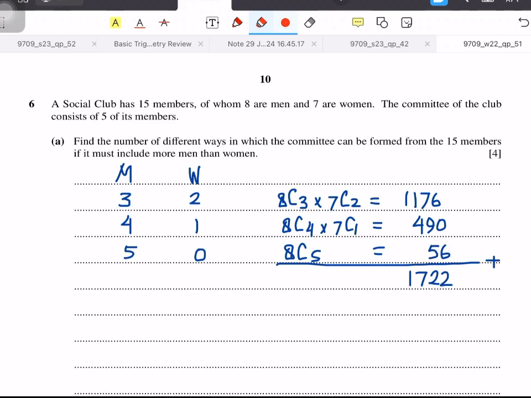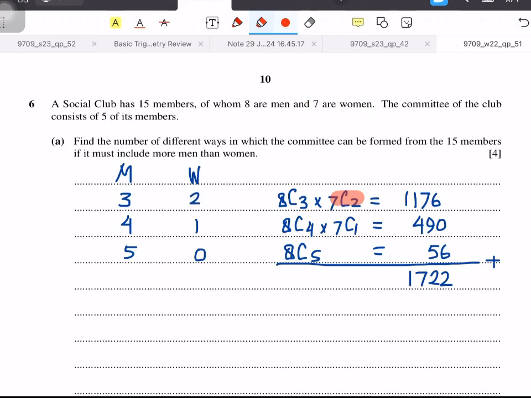So the number of selections for the first possibility will be 8 choose 3, because we have 8 men and we want to choose 3 of them to be in the committee. And then 7 choose 2, because we have 7 women and we want 2 of them to be in the committee.